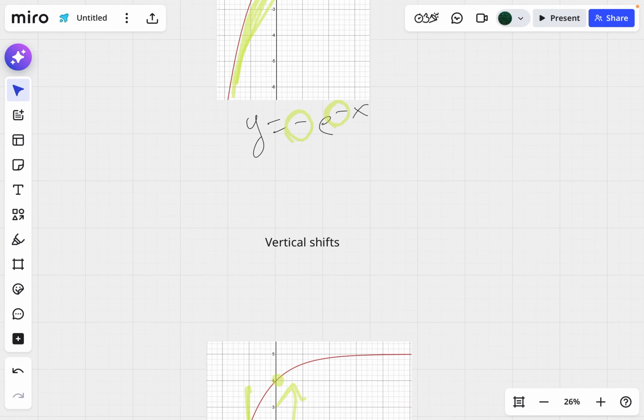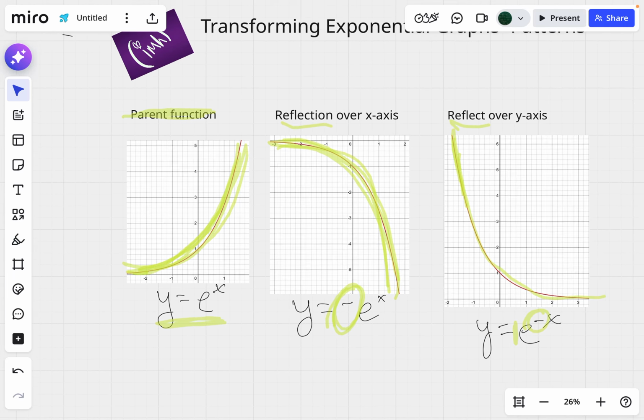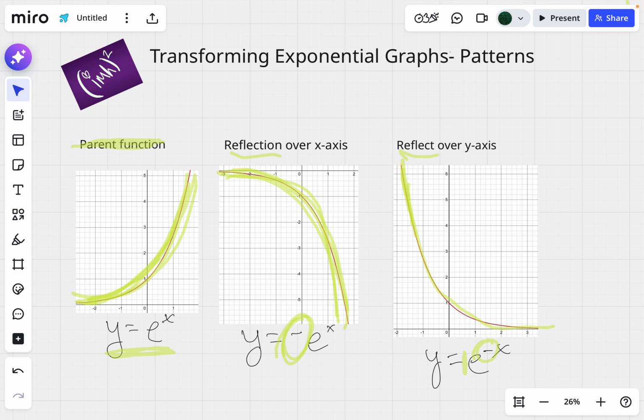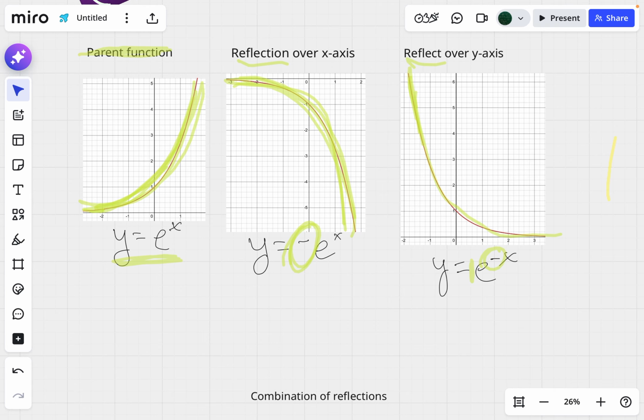Now, let's say you forget all your patterns. The game is not over yet. You can simply use a table of values. I'm going to point one more thing out before we go. Table of values for exponentials. What you're looking at here is, let's take a look at our x's.